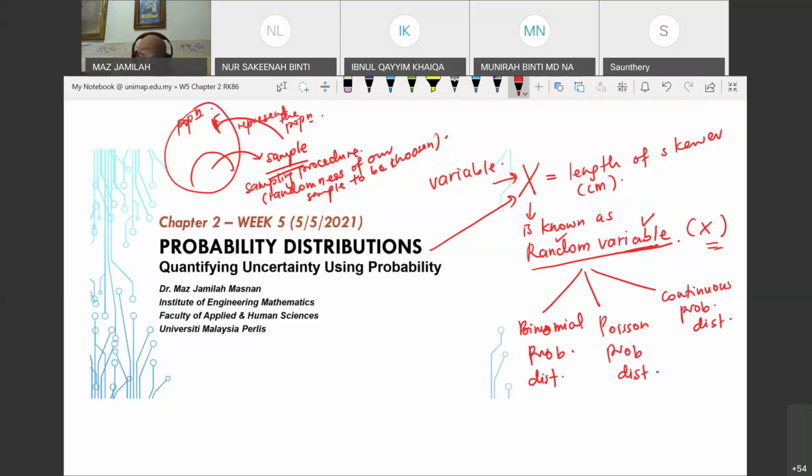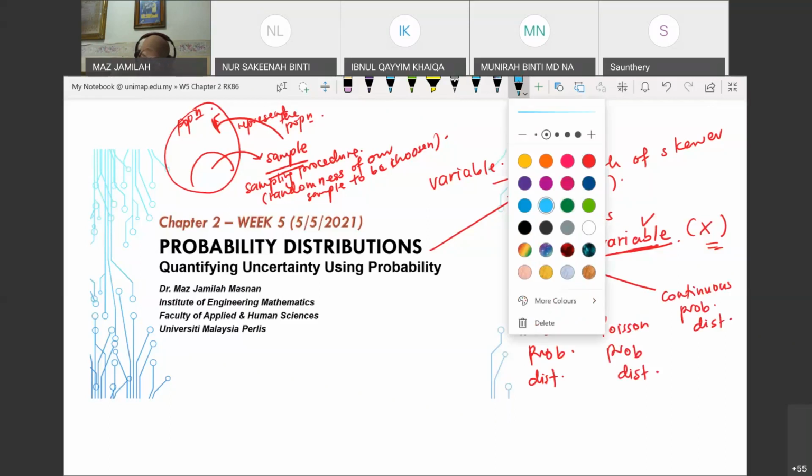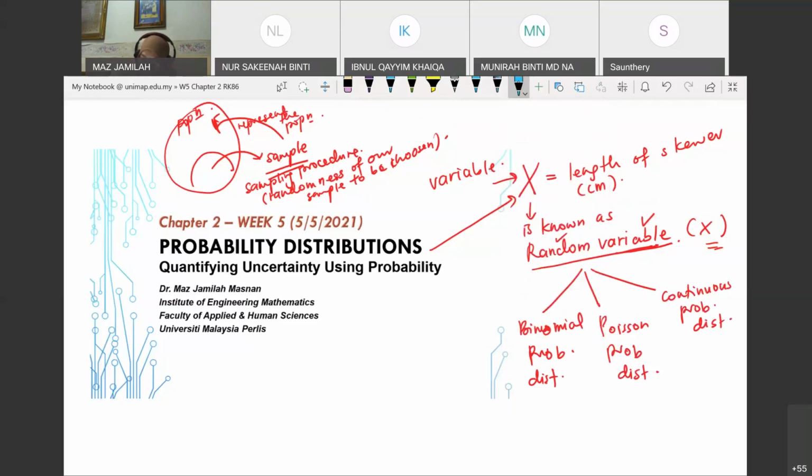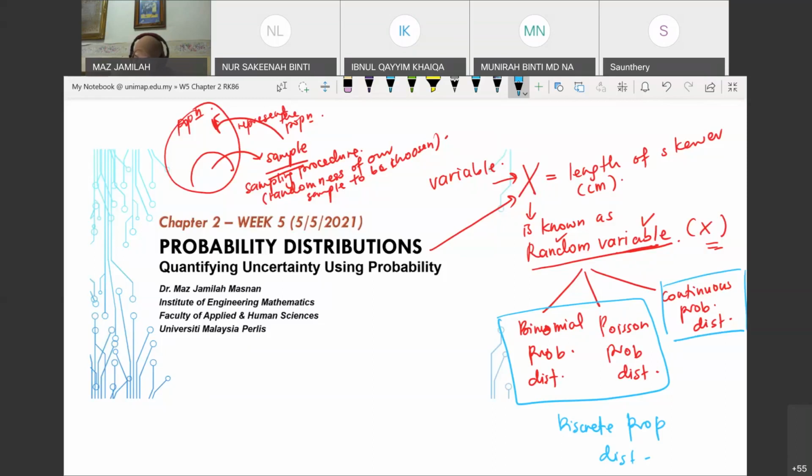And from these two, this is what we call discrete probability distribution, while continuous remains as it is, or we call it normal probability distribution.